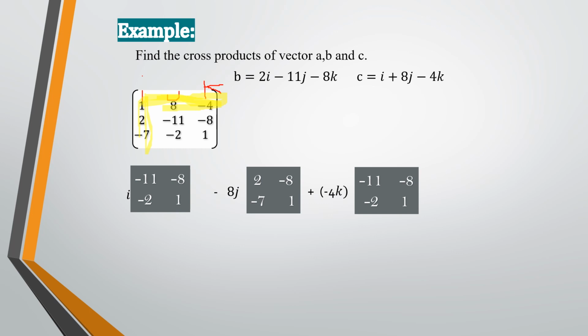So we have negative 11, negative 2, negative 8, and 1. That is our i.